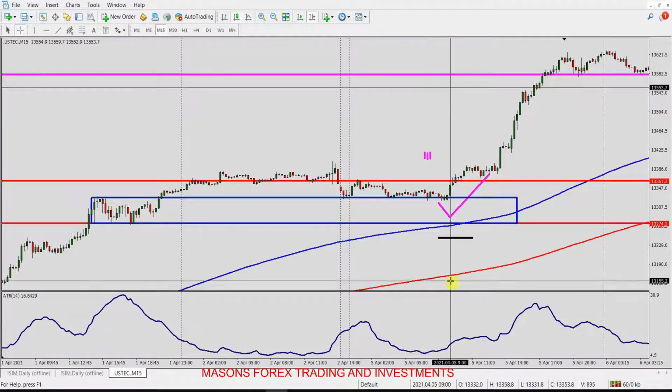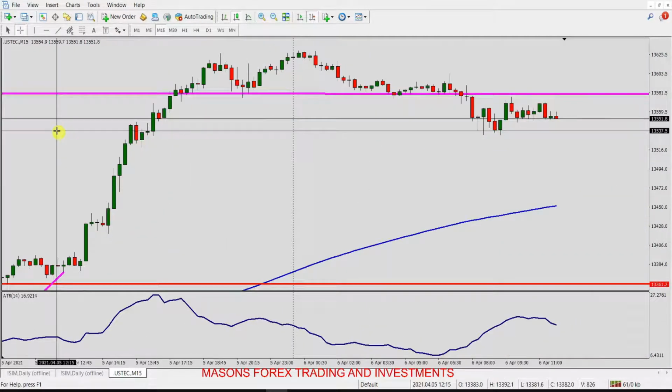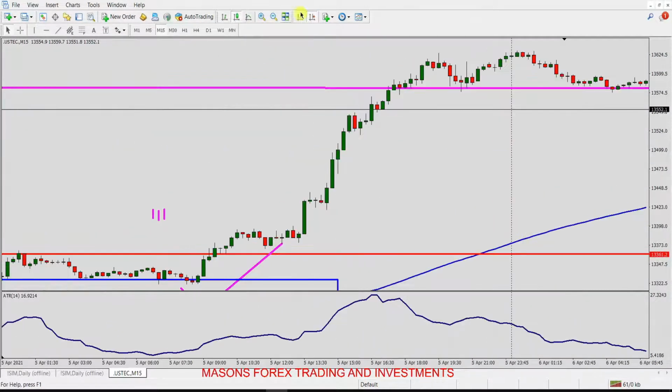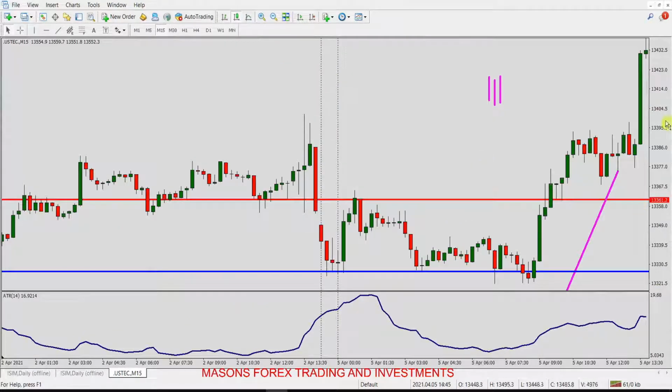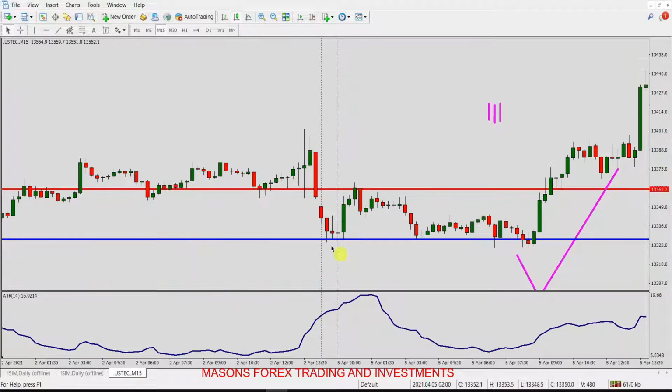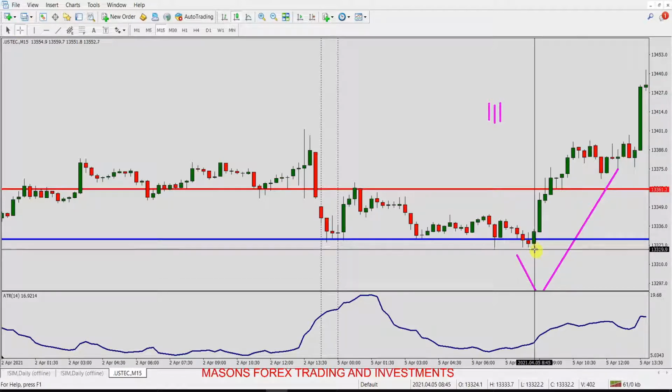So I normally would, based on my testing, or rather back testing, from this point, from the candle which is the lowest.